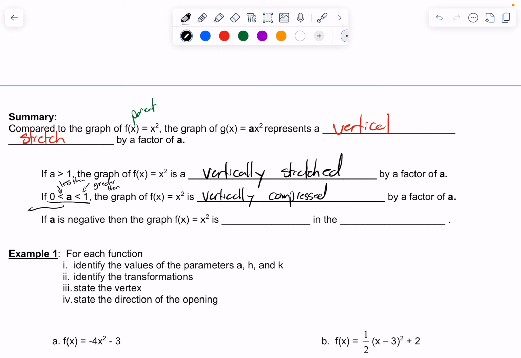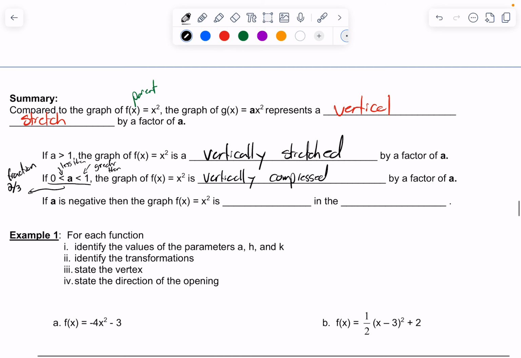In layman's terms, this just means a fraction, but not all fractions. It's a fraction where the denominator is bigger than the numerator, so like 2 over 3 would be an example. Because 5 over 4, where the numerator is bigger than the denominator, is technically 1.25, and that is bigger than 1, right? So that does not work. But think of it as a fraction that's smaller than 1, like a half or a third.